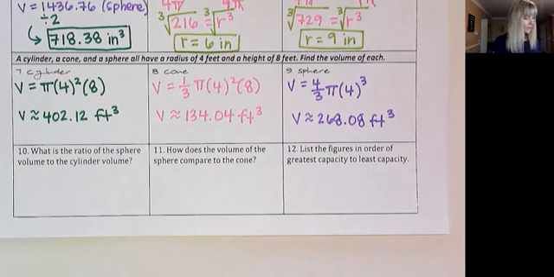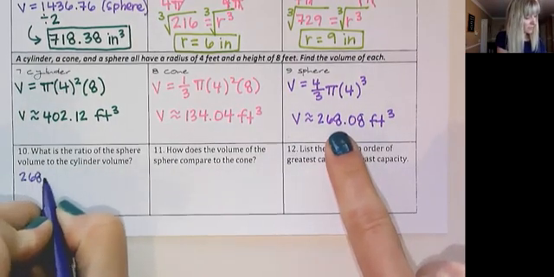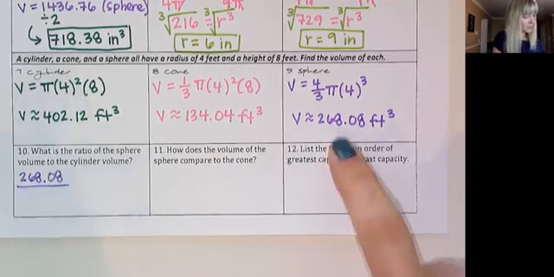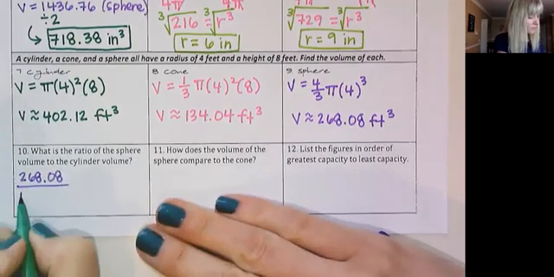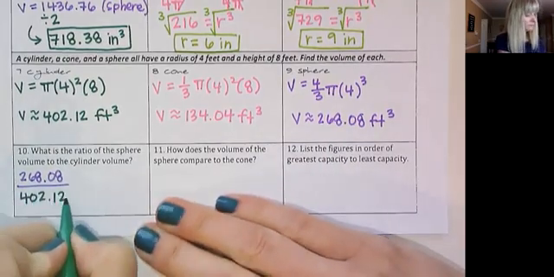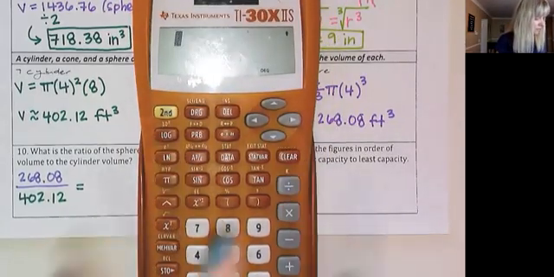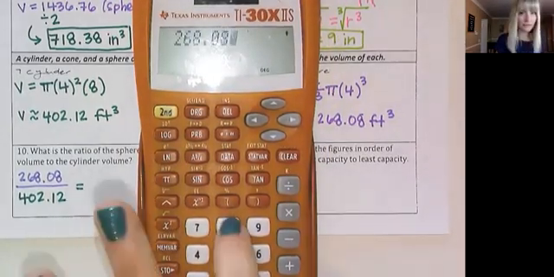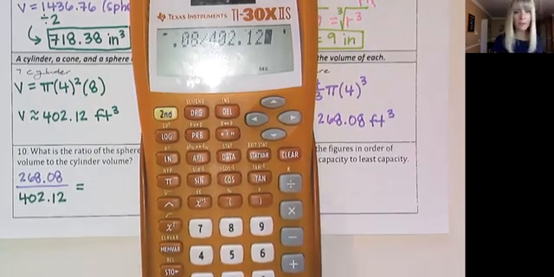But first of all, what is the ratio of the sphere to the cylinder? Ratio means set it up as a comparison by division or a fraction. There's the sphere, here's the cylinder, 402.12. Watch, I'm going to type 268.08 divided by 402.12 in my calculator.